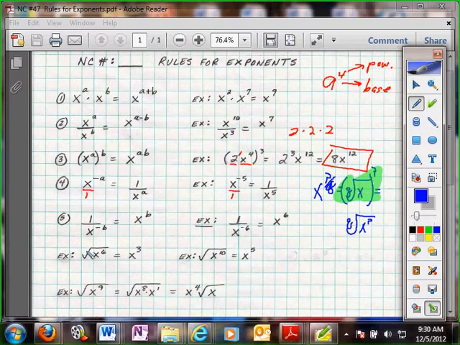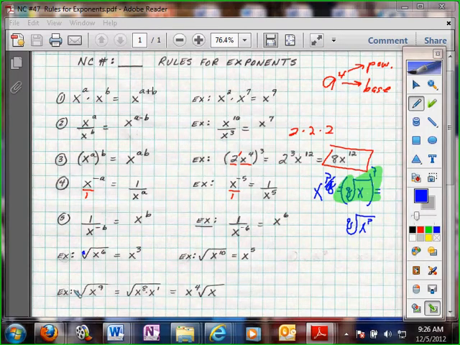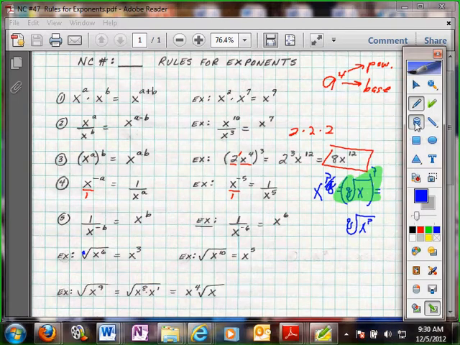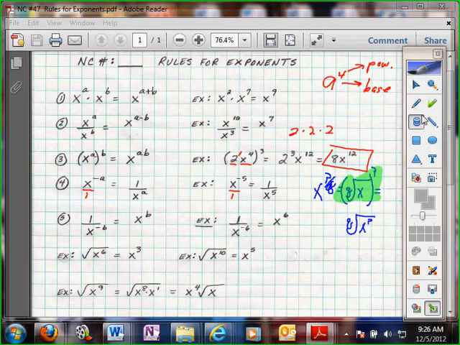I'm going to break this down into very simple terms. Your index number tells you how many groups you're looking for. Since my index number is not here, that tells me it's a 2, which tells me I'm looking for groups of 2.